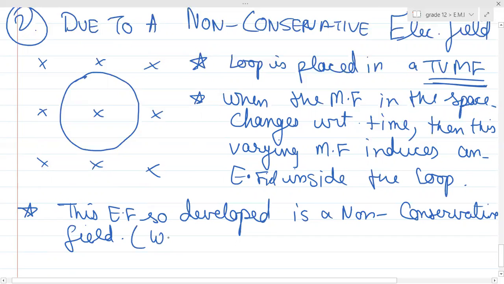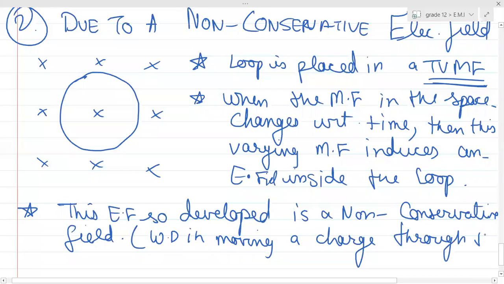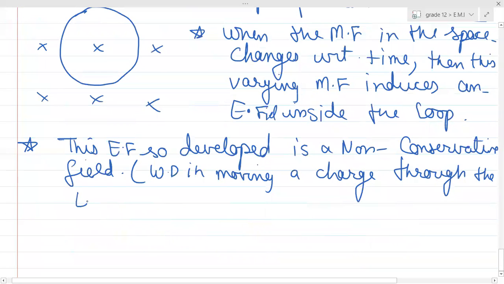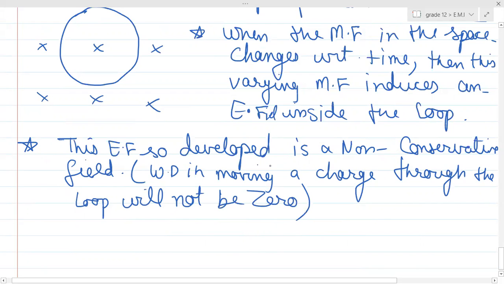That implies the work done in moving a charge throughout the loop will not be zero. It will be something.